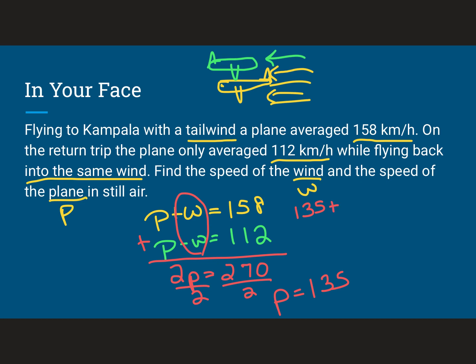Okay, so 135 plus W equals 158. I'm going to subtract 135 from both sides. So I get W equals 23. So the only thing is, with a word problem, we're going to answer in words.